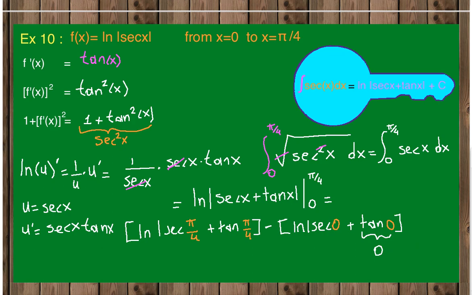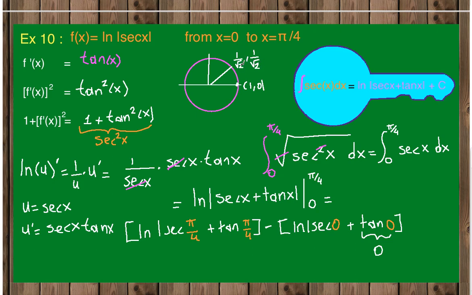Let me draw the unit circle so it will be easier to see here. Our interest is to find 0 and pi over 4. The coordinates of 0 are 1, 0, and the coordinates of pi over 4 are 1 over root 2, 1 over root 2.